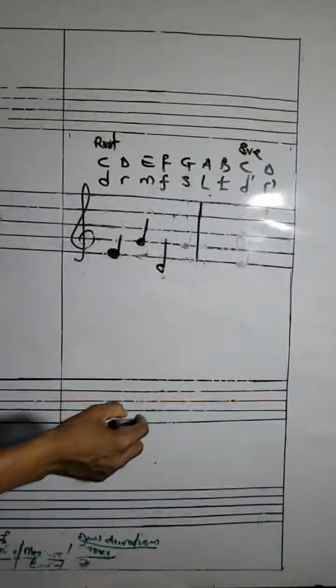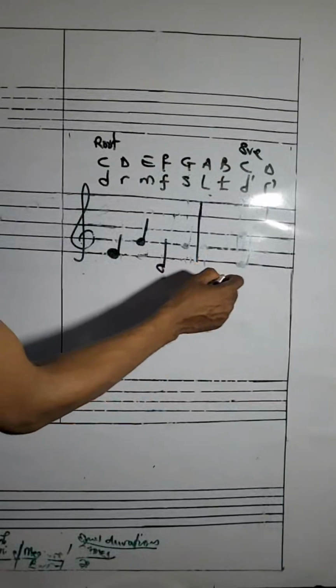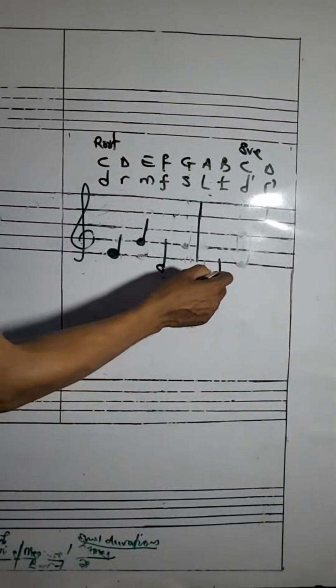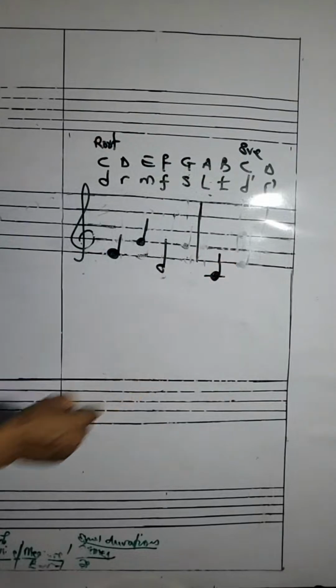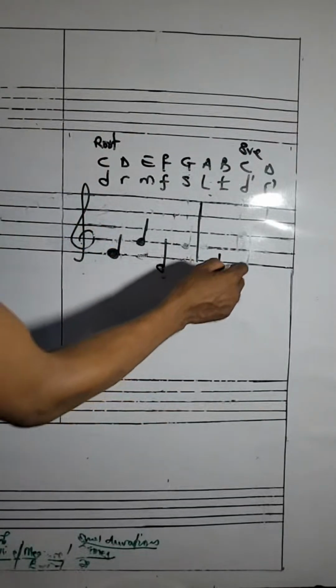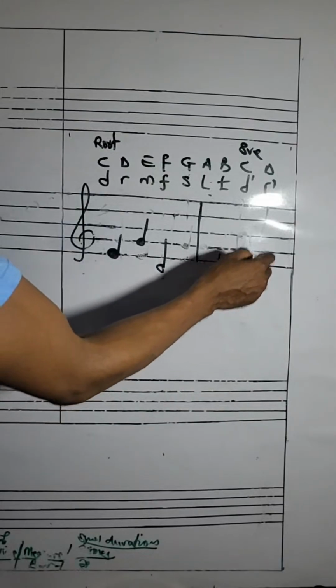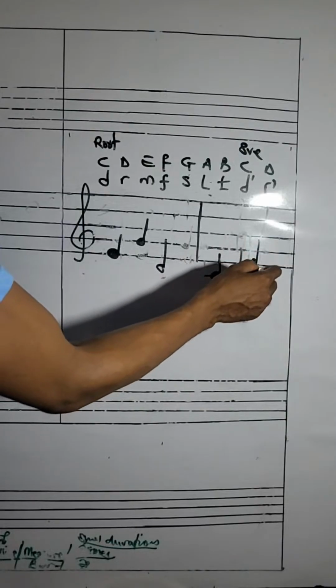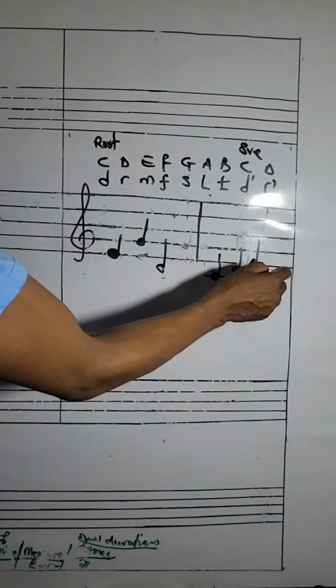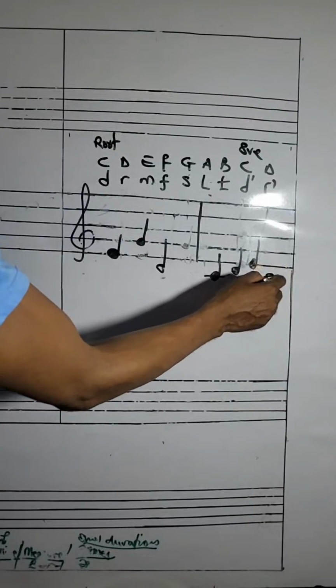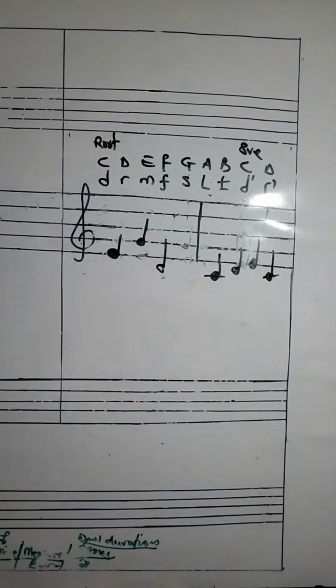Then I have a note here, and a note here, then a ledger line, then a note on it. I want to keep it simple. Now we have our notes already on the board. This is my quarter note.